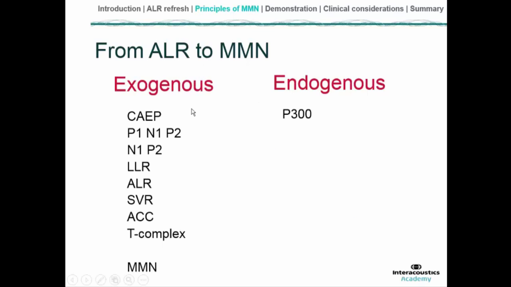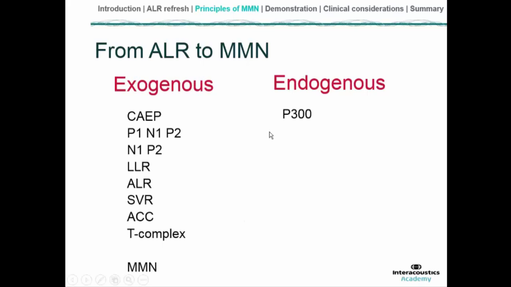Exogenous potentials are those determined primarily by physical stimulus characteristics, and the MMN is categorized here because it's known as a pre-attentive response, in that the individual doesn't have to be actively listening to the two sounds that have been discriminated or not. This process occurs prior to attention being drawn to the two sounds, so it's pre-attentive and therefore known as an exogenous potential.